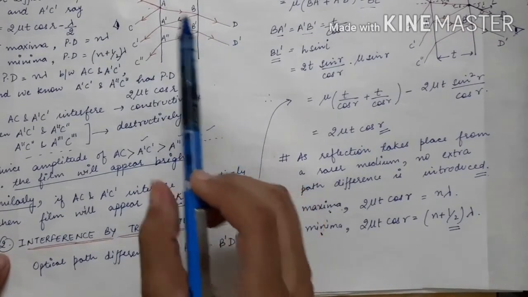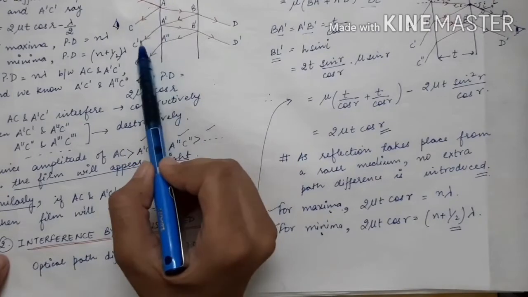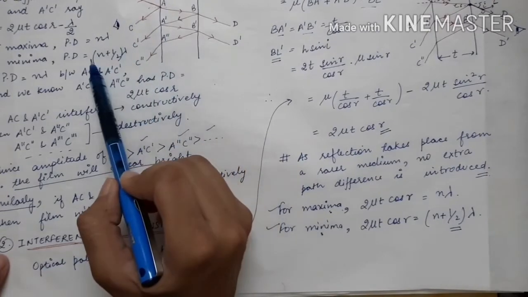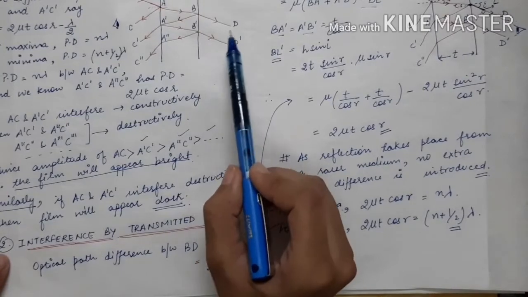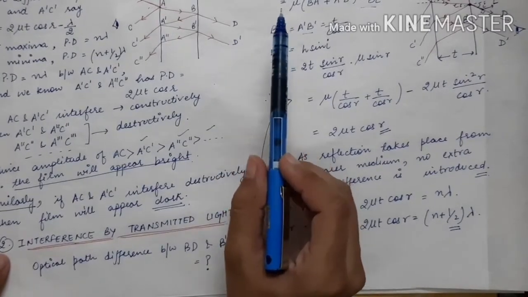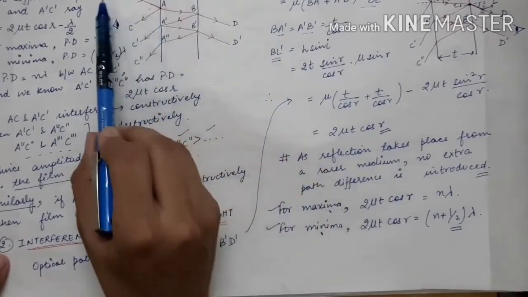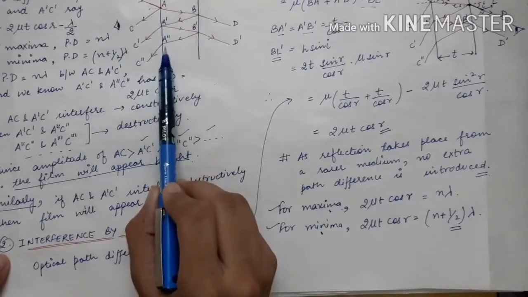And similarly, if the first two reflected rays interfere destructively, then the first two transmitted lights will interfere constructively.